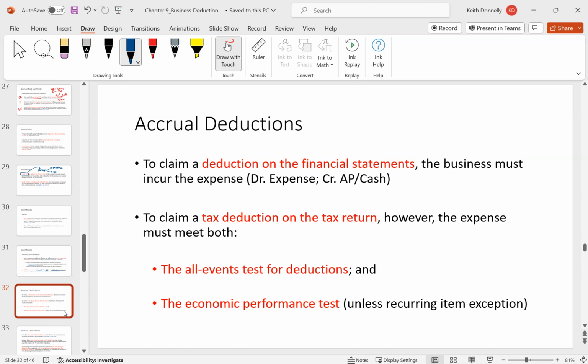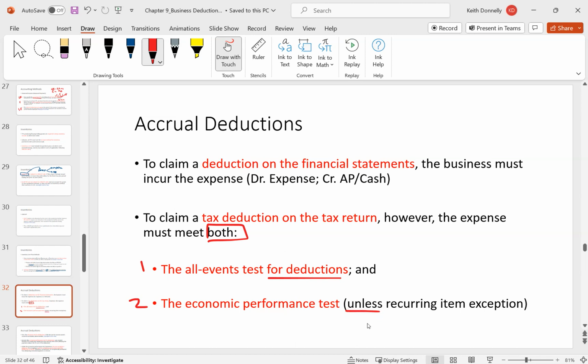To claim a deduction on the financial statement, you must incur the expense. To claim a deduction on the tax return, however, you must meet both the all events test for deductions and the economic performance test. And this is unless there's a recurring item exception.